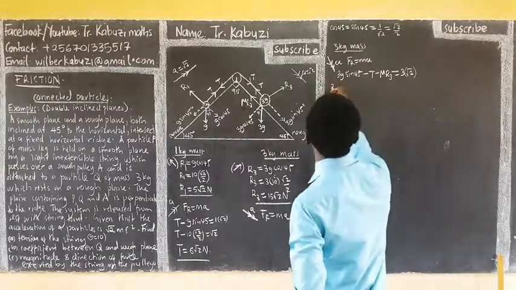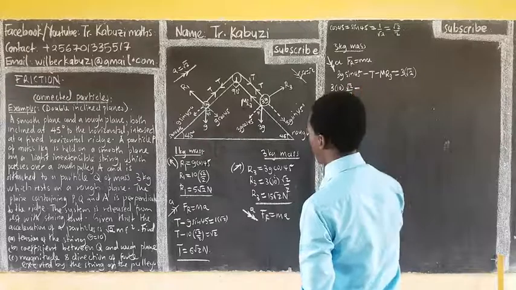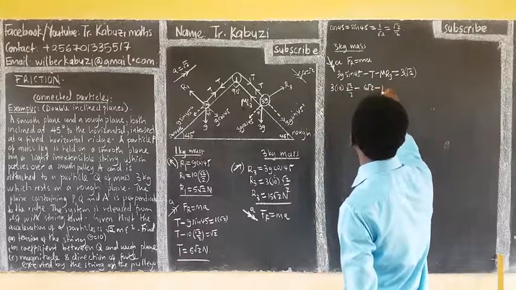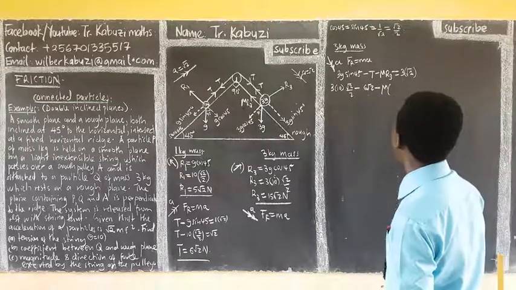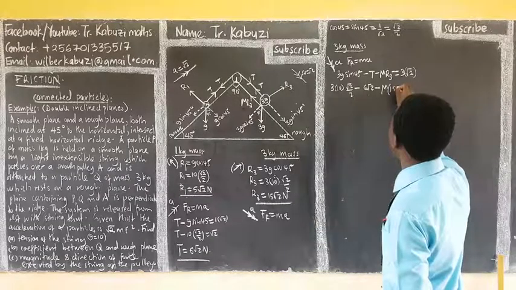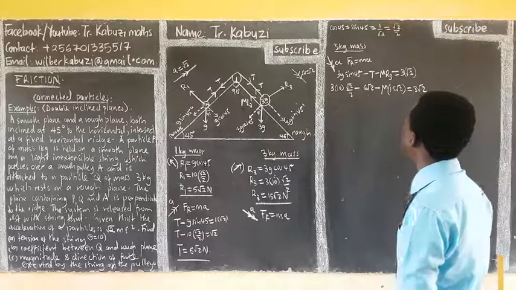So this would be 3 into 10 into root 2 over 2, minus our tension, which is 6 root 2, minus mu, the coefficient of friction we are looking for, times R3. Our R3 here is 15 root 2, equaling 3 root 2.